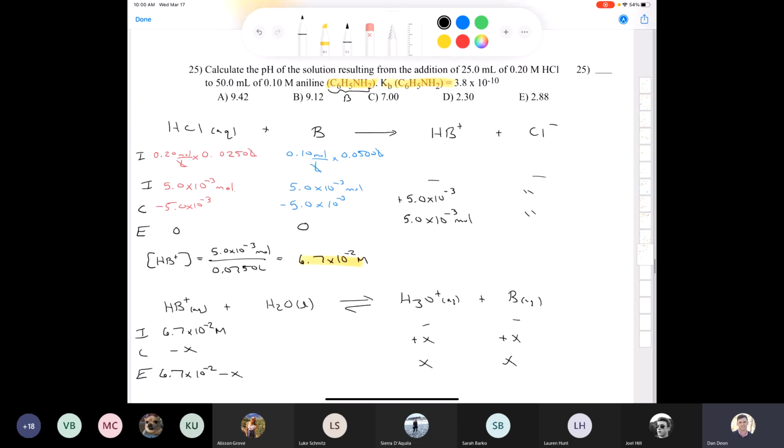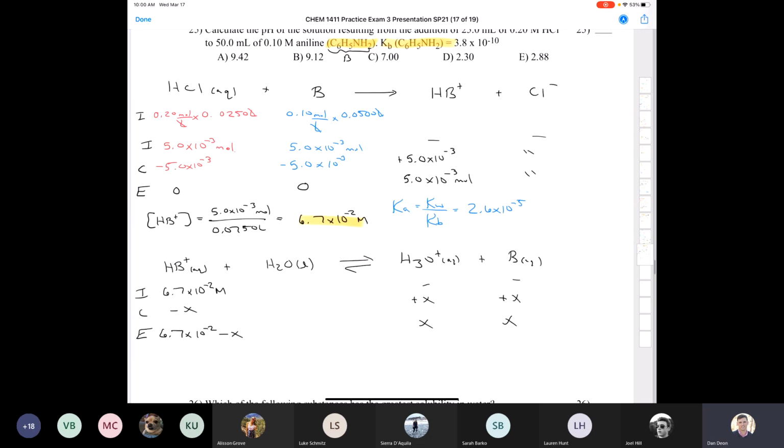Well, if we go back to the question, you notice that we were given the Kb when we needed Ka. So I went ahead and calculated the Ka. Ka is equal to Kw over Kb. So when we work that out, we end up with a Ka equal to 2.6 times 10 to the negative 5.